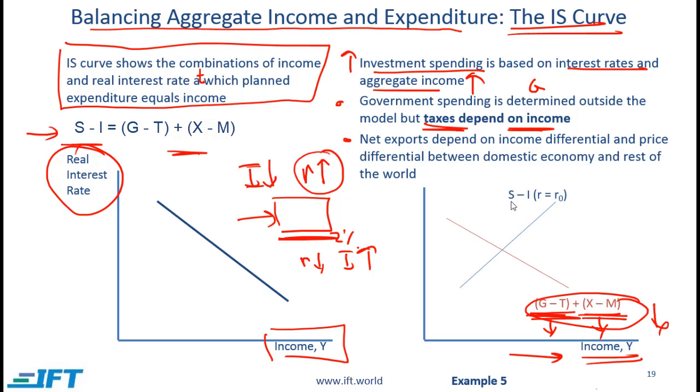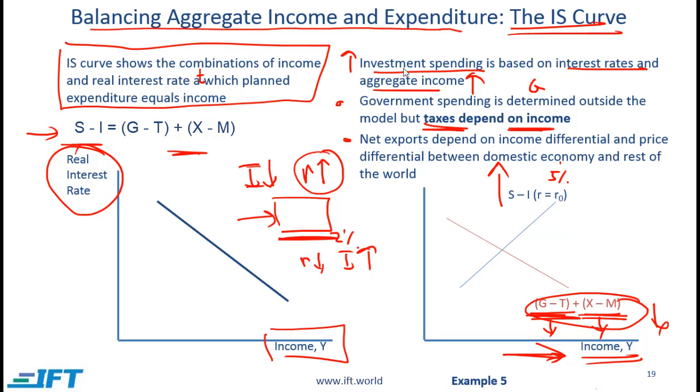Next, we look at S minus I, savings minus investment at a given interest rate. So let's say here the real interest rate is 5%, just picking a number. Now, why does S minus I slope upwards? Here we assume that as income increases, savings go up.